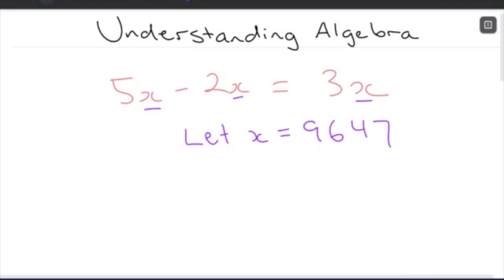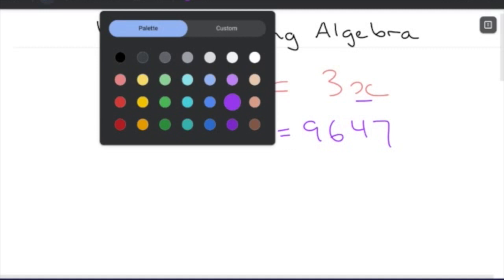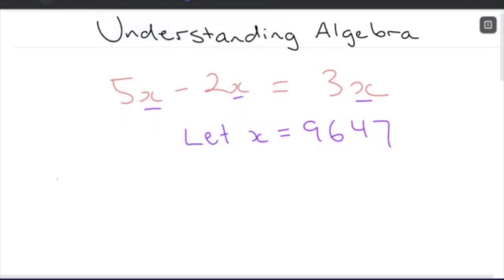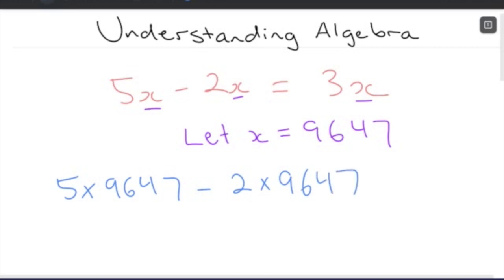But in the previous video, I looked at kind of why this works. But let's actually look at what happens when we actually sub in this value into our x. So 5 lots of 9,647 and subtracting from that 2 lots of 9,647.